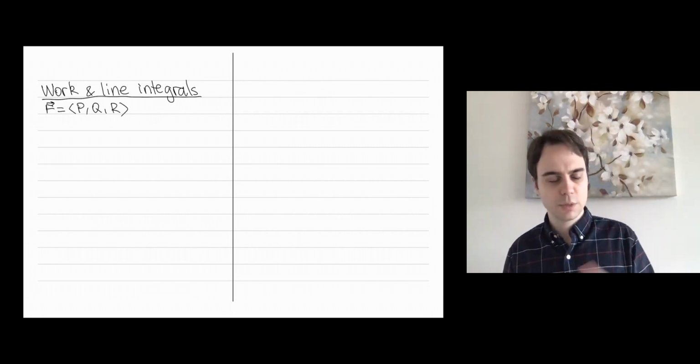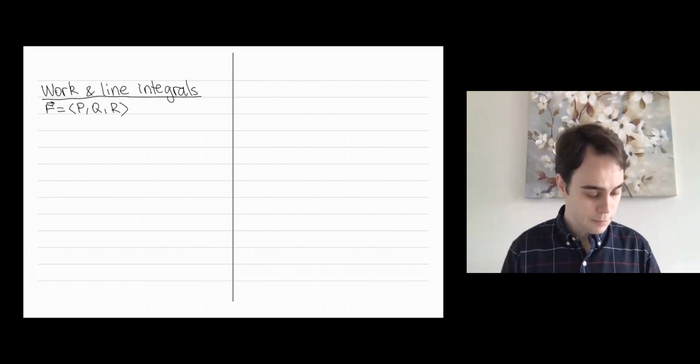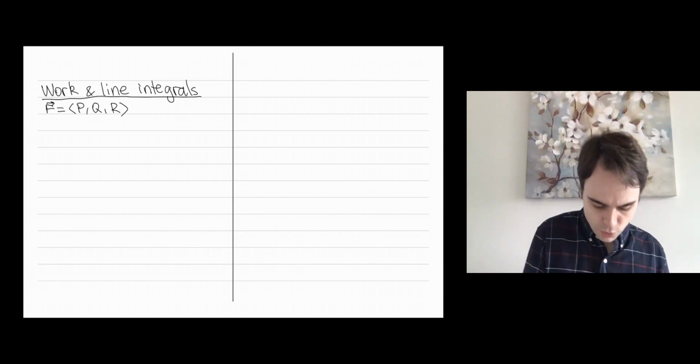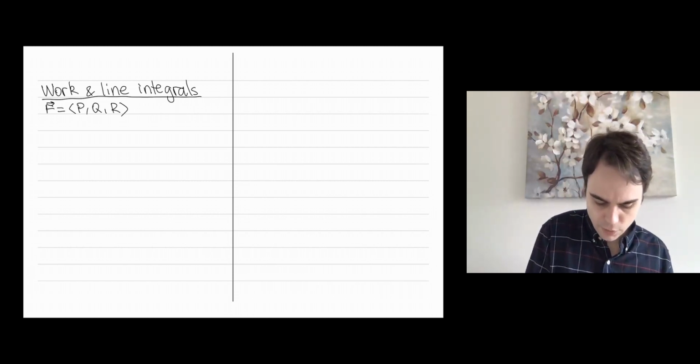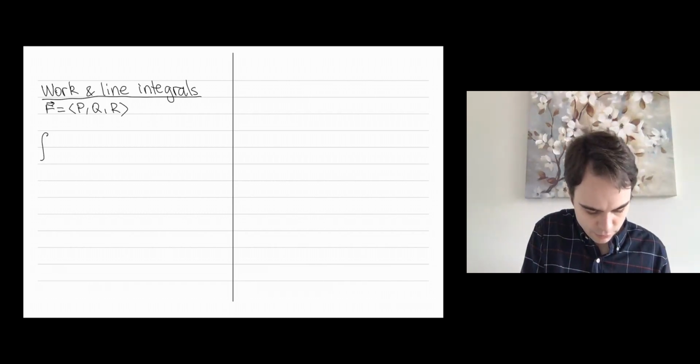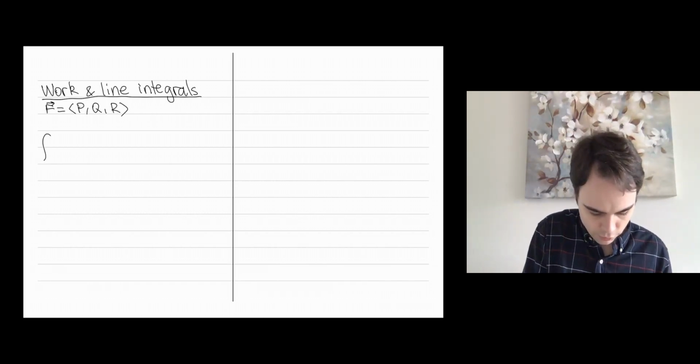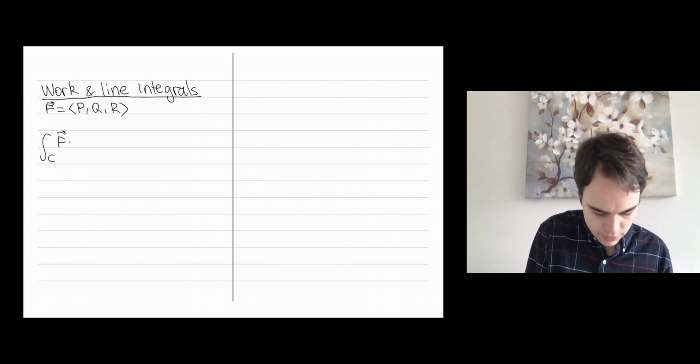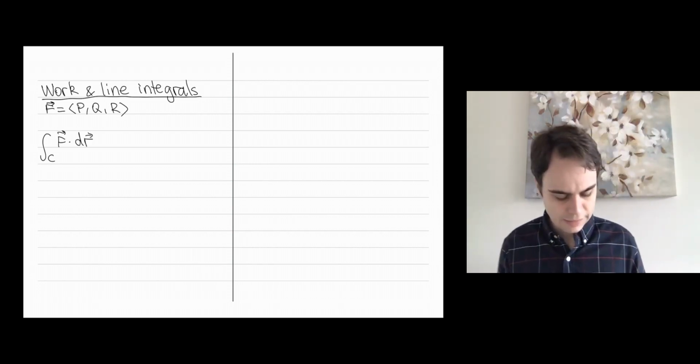Let's move up from 2 to 3 dimensions. P, Q, and R are functions of x, y, and z. The work that this vector field F does along a curve with an orientation C is denoted like this.